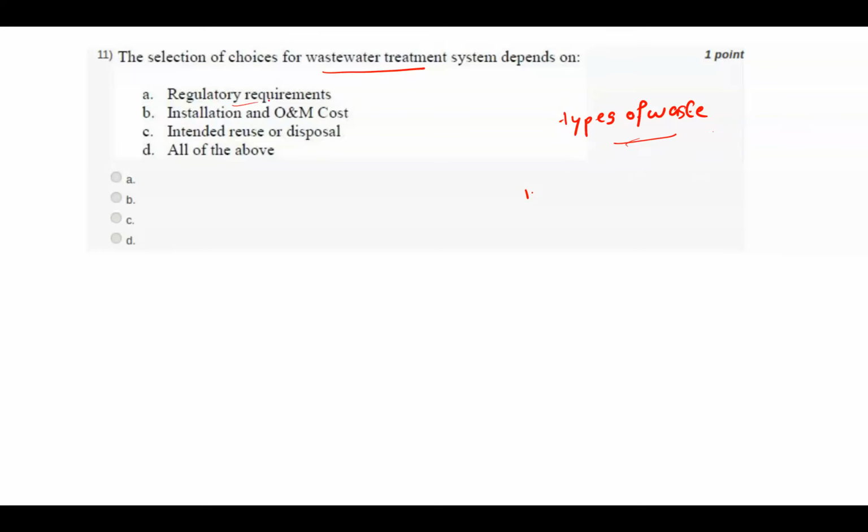And then regulatory requirements, why are they needed. Whatever wastewater is generated, according to the government regulatory requirements, there will be some permitted limit of the TDS or the concentration, so that disposal of the water in soil or water sources is safe. If we cross that particular limit, then we can't dispose the wastewater.